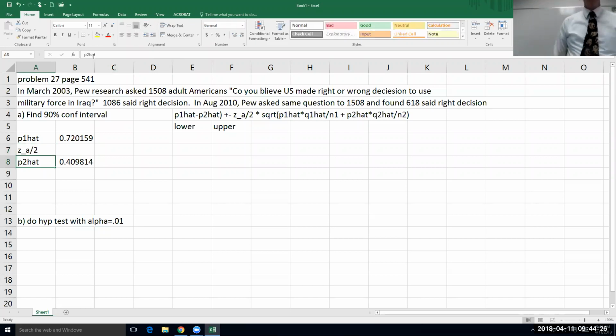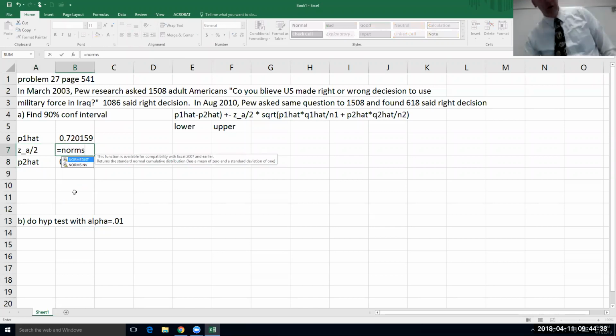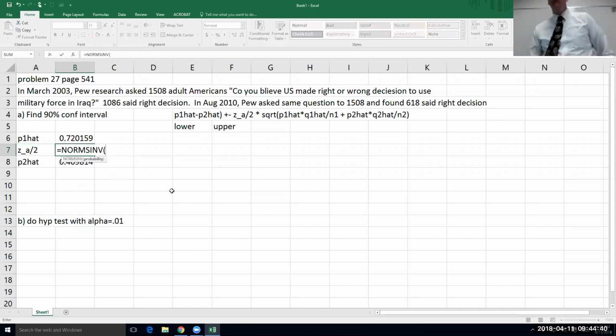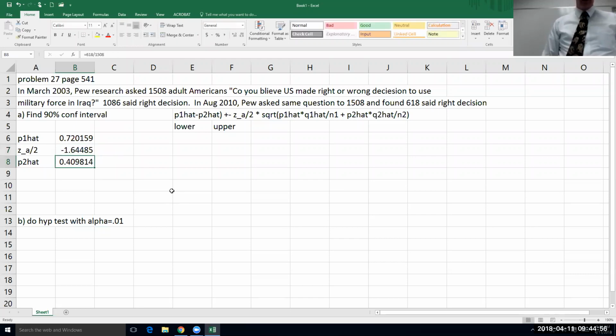How do you find that if you're not looking at your chart? Norm.S.Inv. What do I put in for the probability? We're doing a 90% confidence interval, so I put in 0.05. Well, let me make sure. Yeah, that's negative, and the 0.95 should be positive.